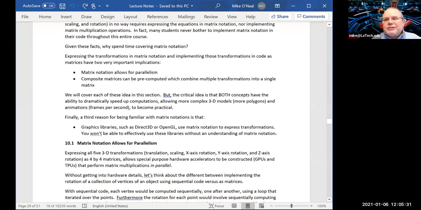TensorFlow, which is the standard Google package for doing AI, machine learning. For those of you who had my AI class, you can see that a lot of what you do is the same in AI as it is in graphics. It's dot products, it's matrix multiplications.